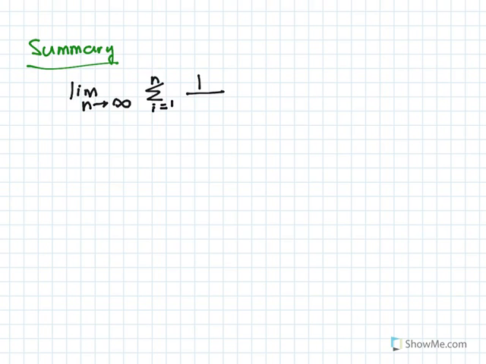So let's summarize what we've done. To summarize, we were given limit n goes to infinity, i goes from 1 to n, 1 over (4 plus i over n) all squared times 2 over n.